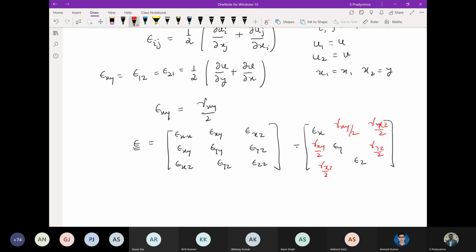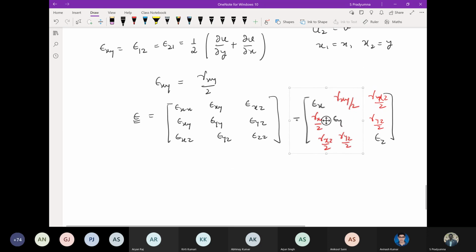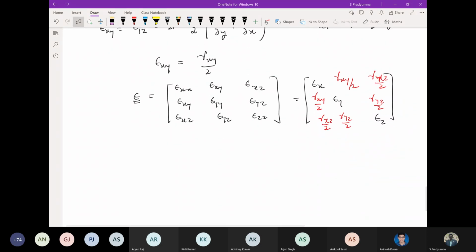So compared to the stress tensor, the strain tensor differs only in terms of the shear strain. You have to consider it in a different way.